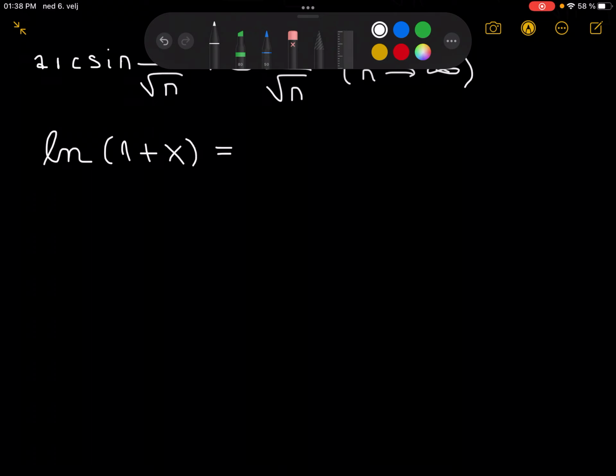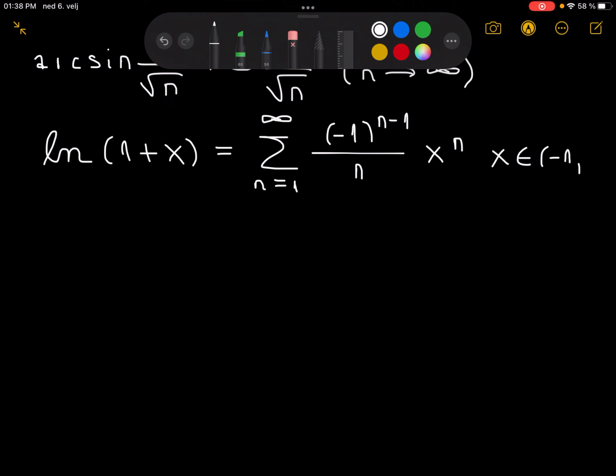This can be rewritten as the sum as n goes from 1 to infinity of minus 1 to the power of n minus 1 over n times x to the nth power, and x here must be between minus 1 and 1.